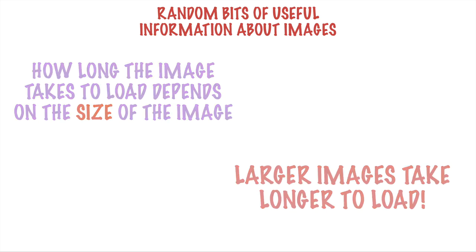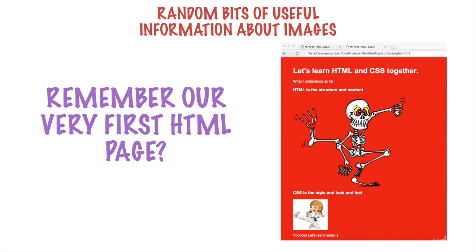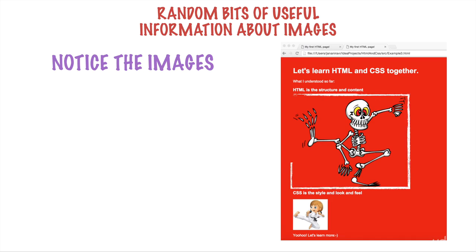Let's cast our mind's eye back to our very first HTML page. If you recall, it was a page with a bright red background and it had 2 images. It had the skeleton up top and it had the little girl doing a karate kick down below. Let's for a second zoom in on those 2 images. Notice that the image of the skeleton is transparent.